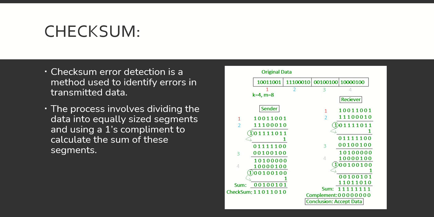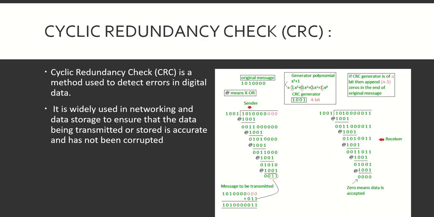Let's see, the last one is a cyclic redundancy check, that is a CRC. Unlike the checksum scheme, which is based on addition, CRC is based on binary division. In CRC, a sequence of redundant bits called cyclic redundancy check bits are appended to the end of the data unit so that the resulting data unit becomes exactly divisible by a second predetermined binary number.